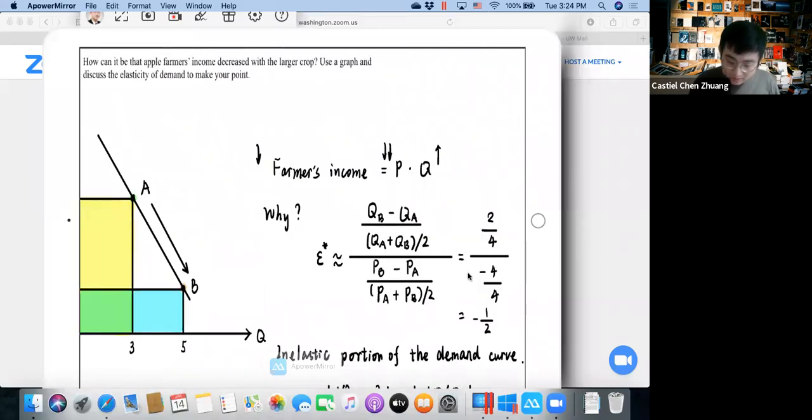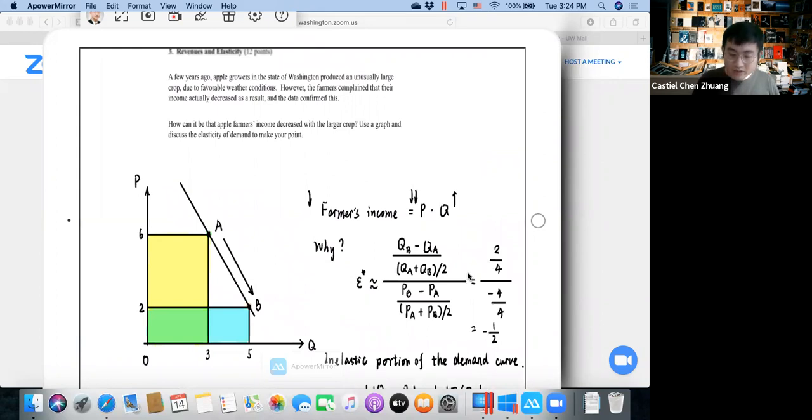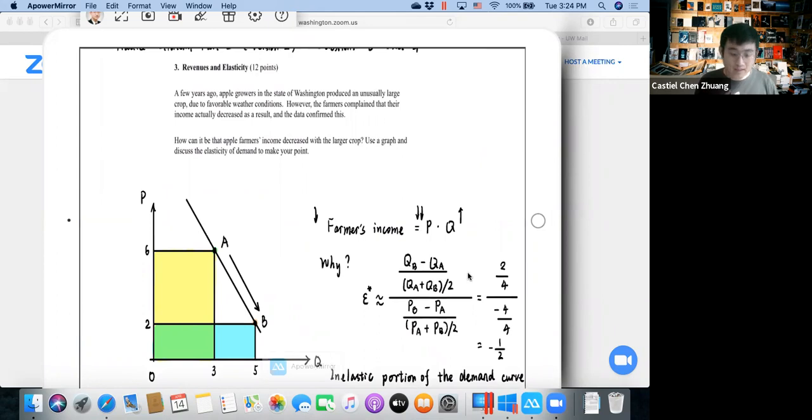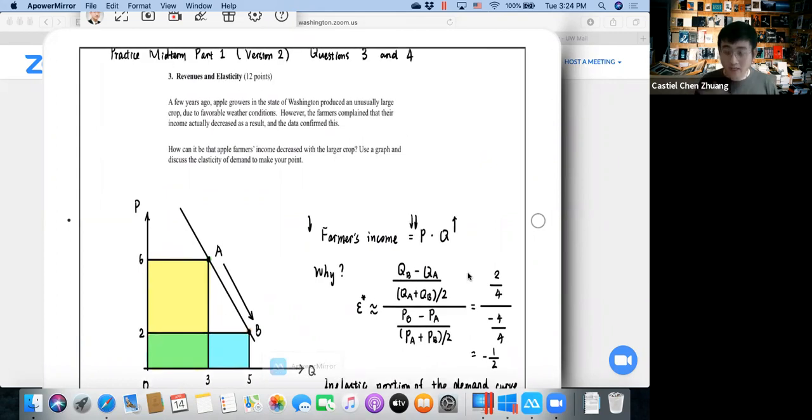So how to understand the relationship between elasticity and the change of revenues? So when elasticity is smaller than 1 in absolute value, it means that the percentage change of quantity is lower than the percentage change of the price in absolute value.